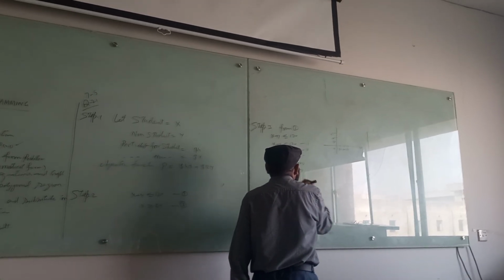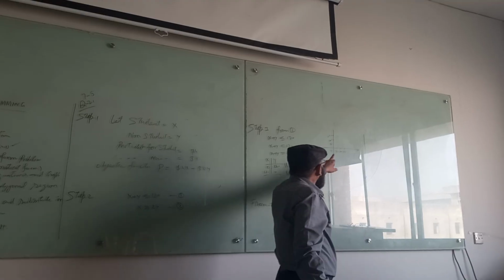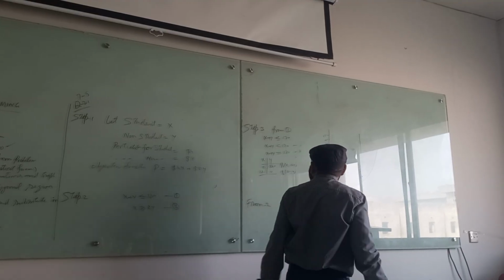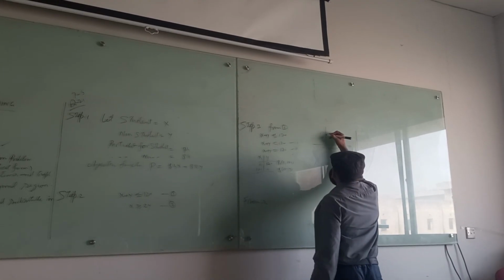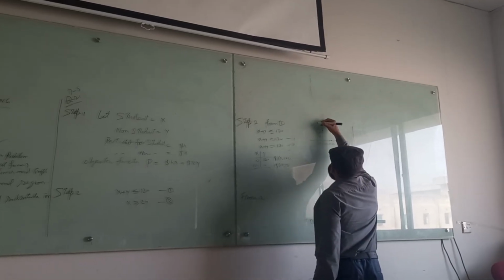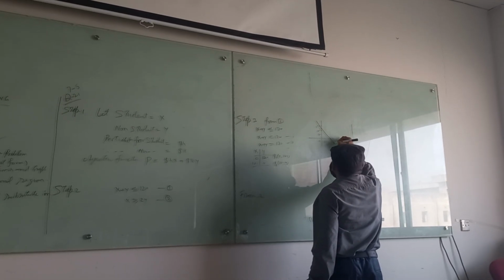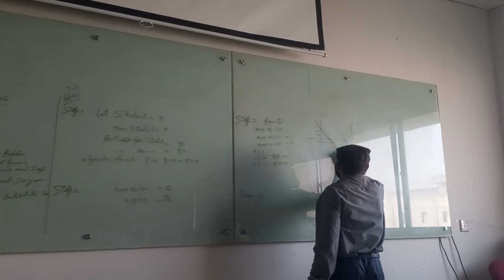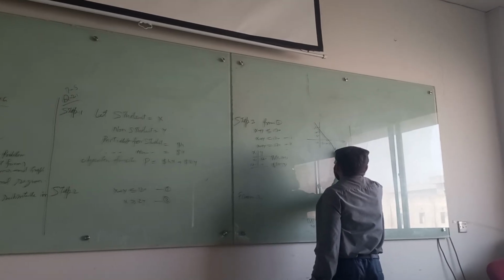T1, T2. T1 is here at 0, goes up to 120. Say it is the point, and here is this point. Join all these points. This is x plus y equal to 120.